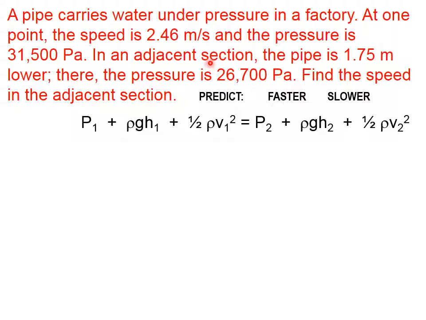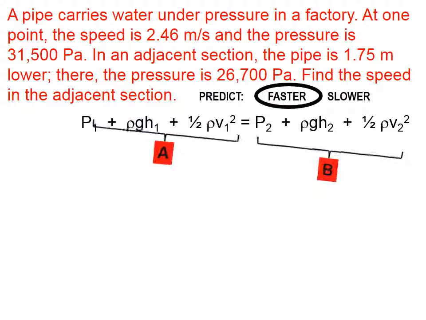In the section of the pipe that we're asked about, the pressure is only 26,700 pascals. And according to the Bernoulli principle, when the pressure decreases, the speed must have increased. So we're going to predict that the answer that we get for our speed is larger than 2.46 meters per second.